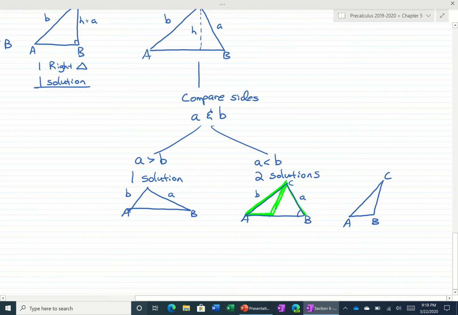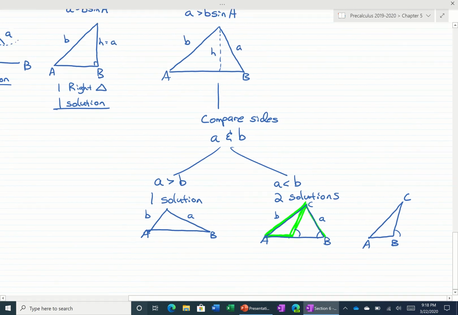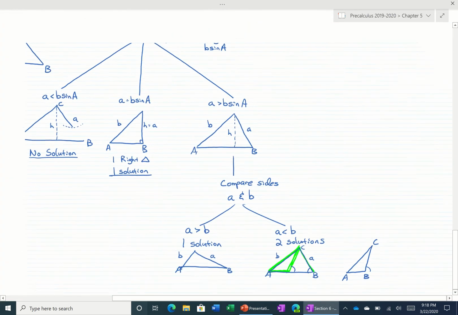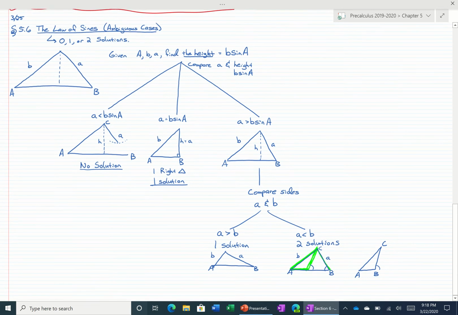And these two angles would actually be the same. But for right now, what I need you to be able to do is just find how many triangles there are.